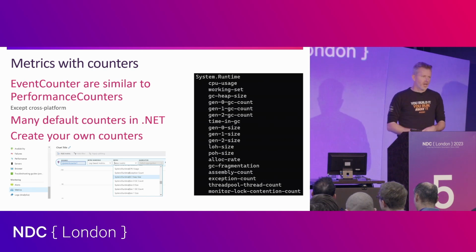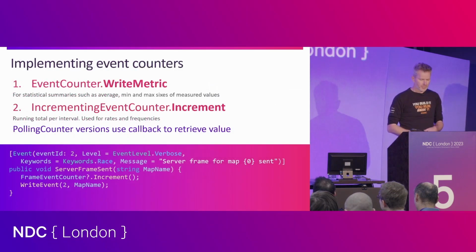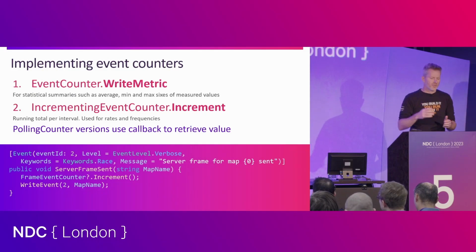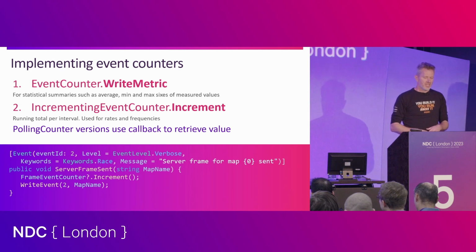You can create your own counters. It's not that difficult, but then you can emit some specific information. But these are the ones you get for free. And if you want to implement them yourself, then you can use a couple of classes. You have the EventCounter and IncrementingEventCounter. And the EventCounter is about values.